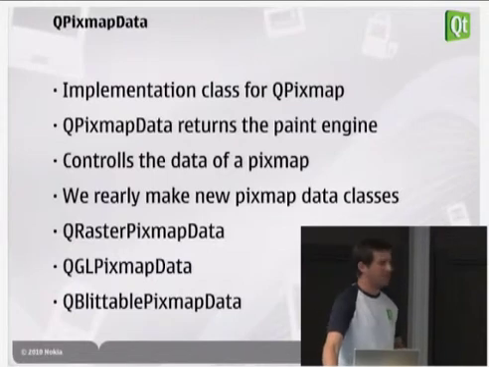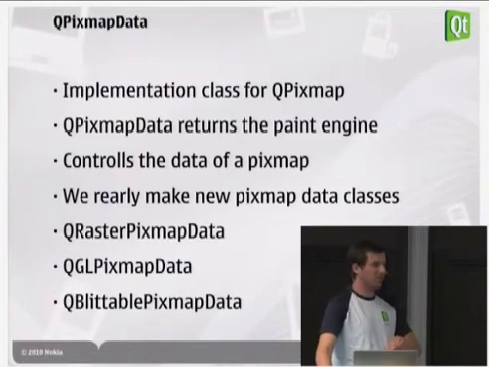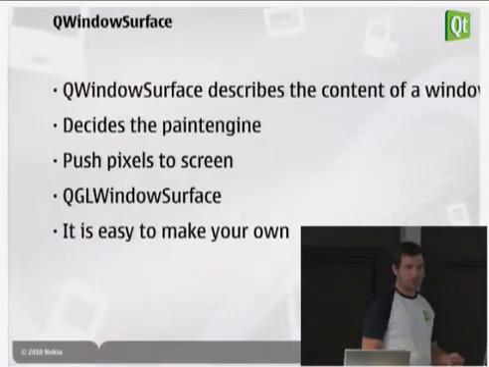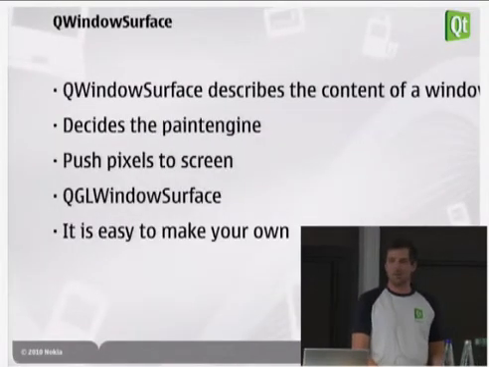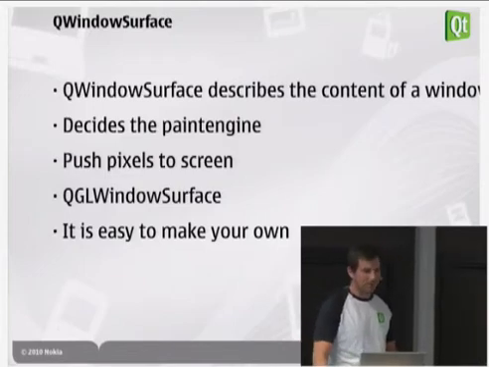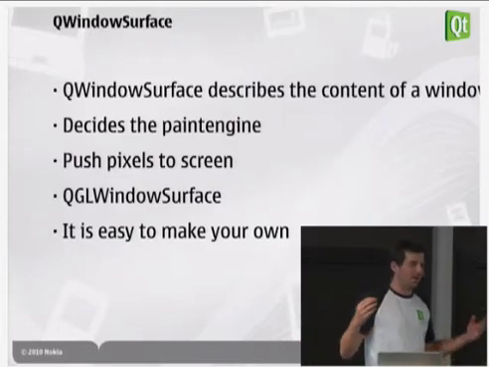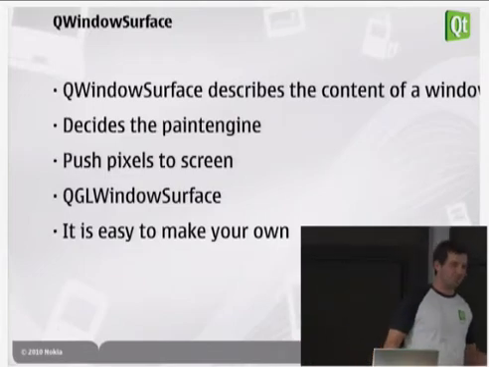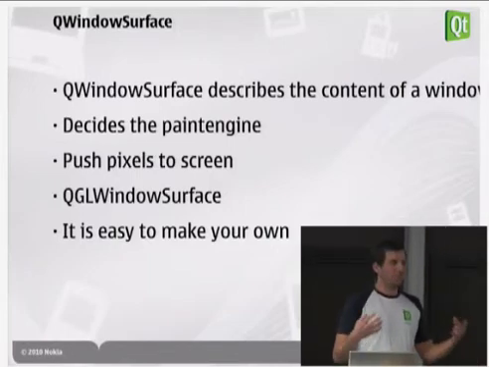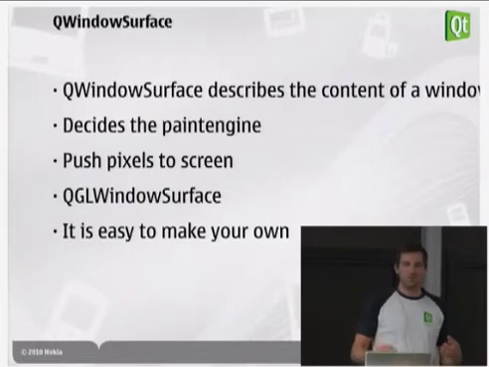Right, so we've got QPixmap basically covered there. Are there any questions, by the way? No, okay. If you want to start a discussion, then please do so. Then we might get even more out of this.